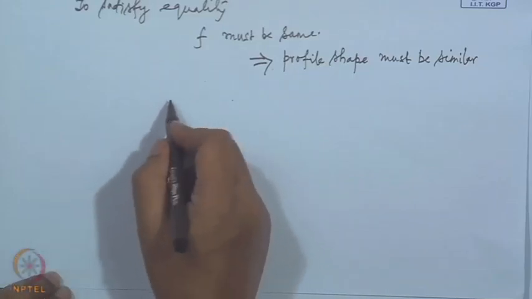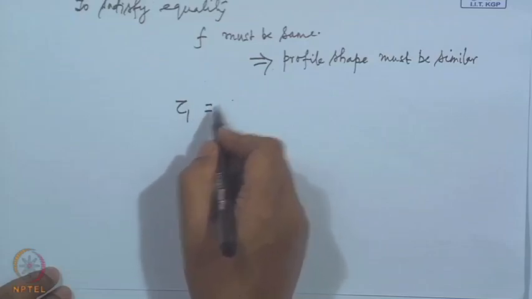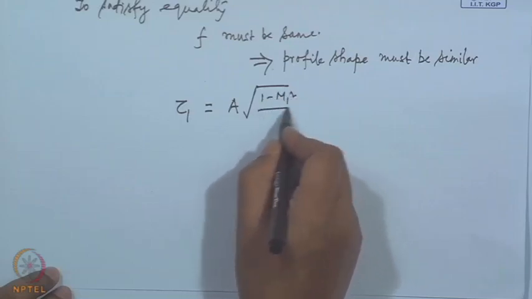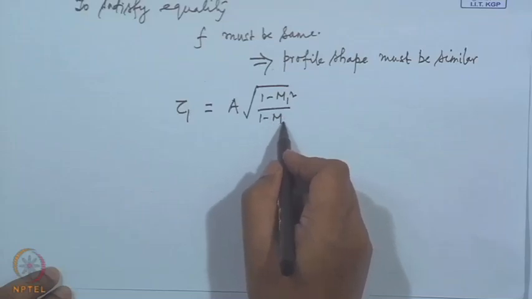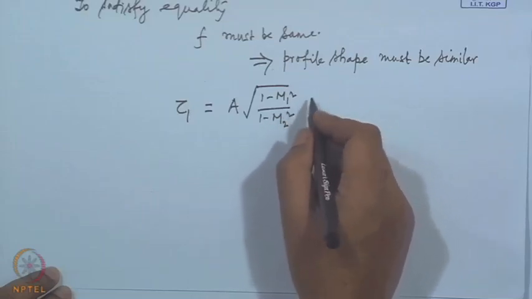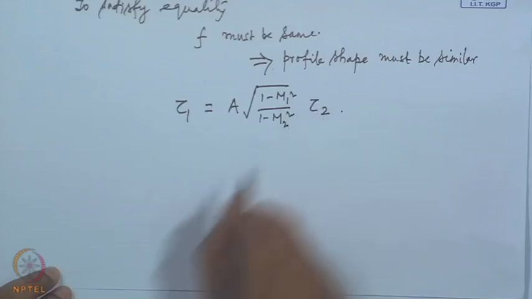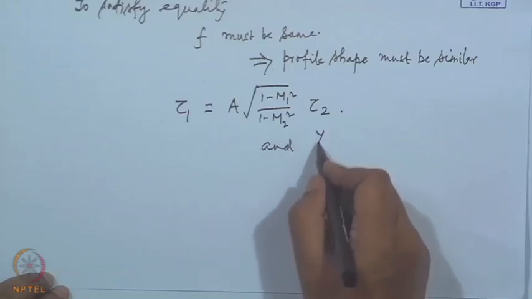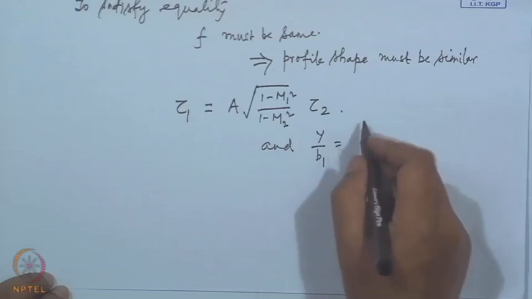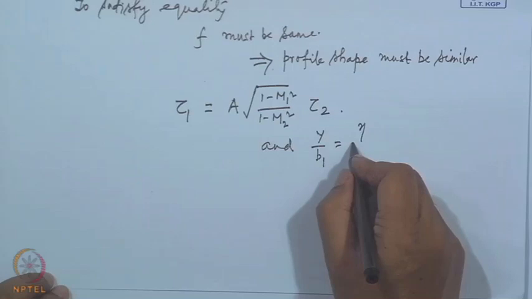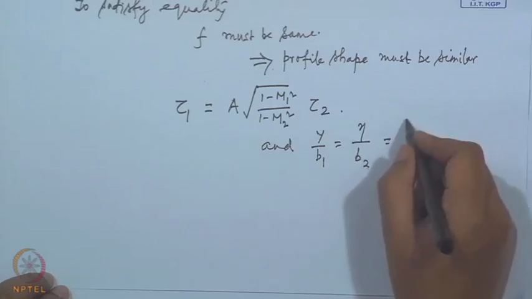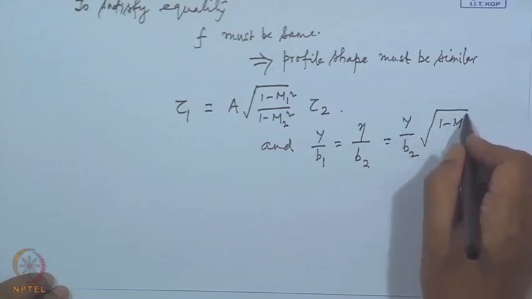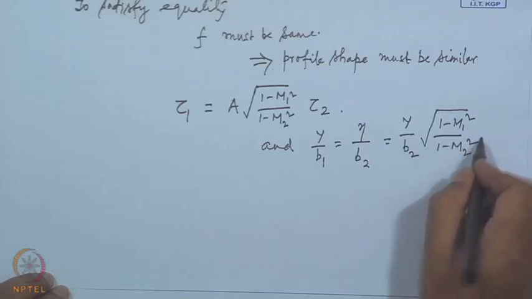We also have that tau 1 must be A into root over 1 minus m 1 square by 1 minus m 2 square into tau 2, as well as y by b 1 equal to eta by b 2, which is y by b 2 root over 1 minus m 1 square by 1 minus m 2 square.